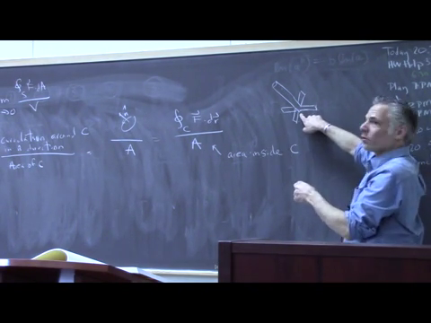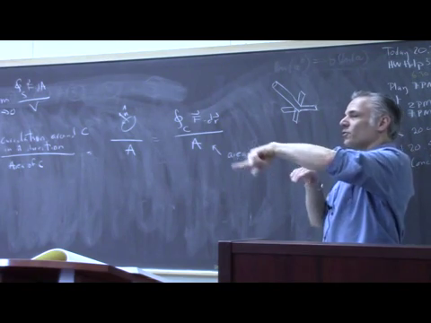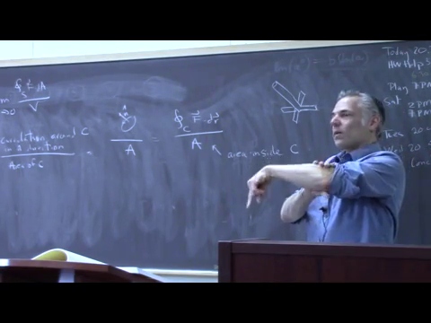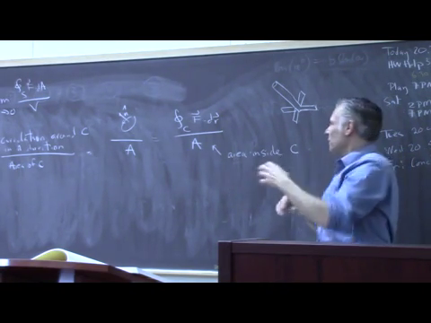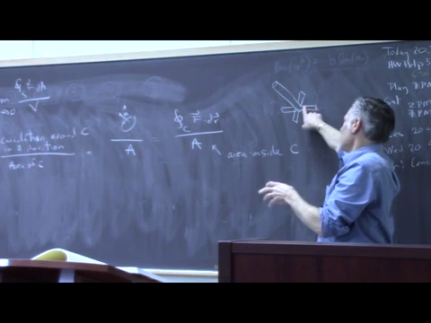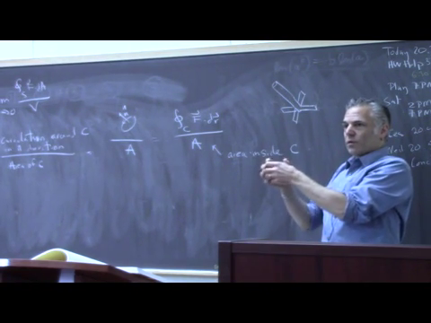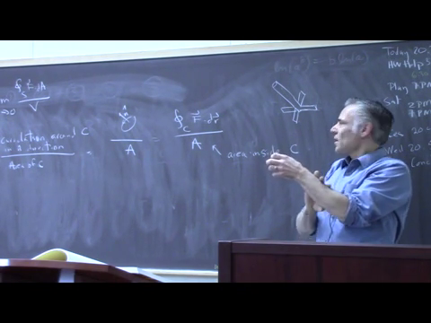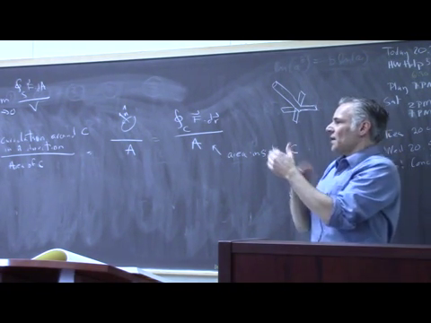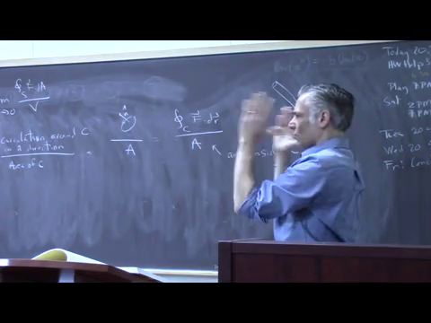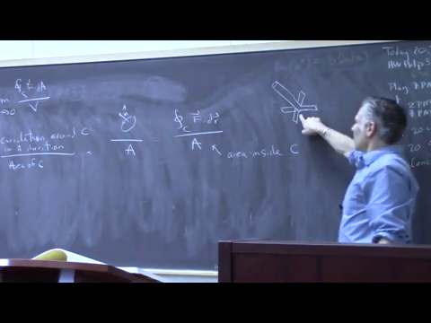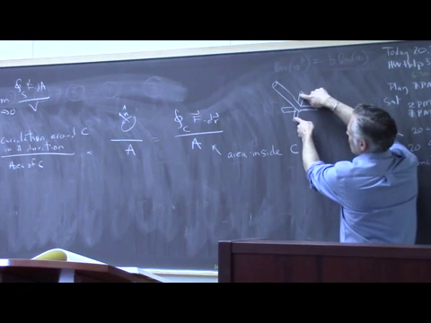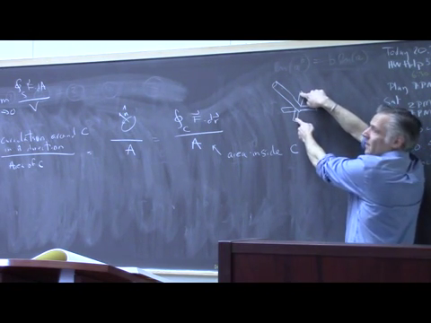If you put this in a whirlpool, like when the water's draining out of a sink, it starts to spin around. So if you put this little paddle thing inside that whirlpool, it would spin in the direction of the whirlpool. Whereas if you just had a stream flowing in a straight, uniform way, it wouldn't spin, because you'd have the same force on both sides, and it would just balance out.